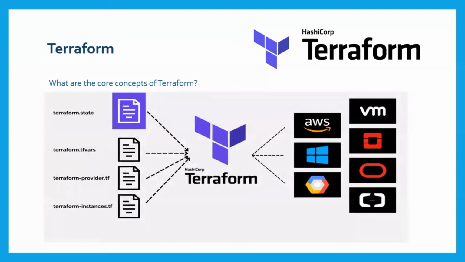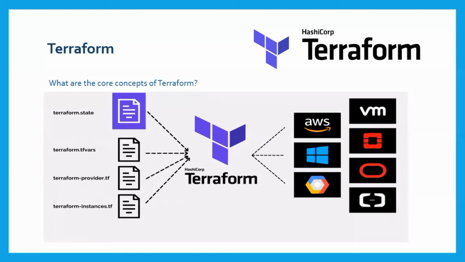so it's in pictorial form. I would like to show you how those core concepts are applied in the real world. So you will have Terraform state, we already discussed. We will have Terraform tfvars where we have variables. We have provider.tf where we'll have the configuration of which cloud we want to provision infrastructure on, and the Terraform instances.tf, that will be the resources part.